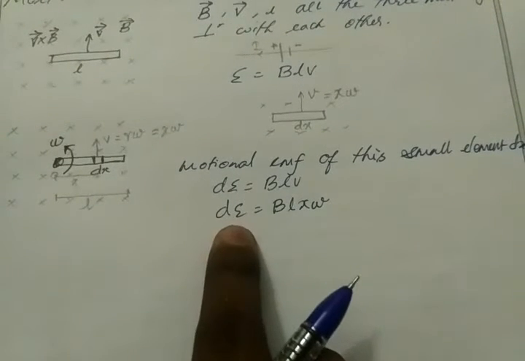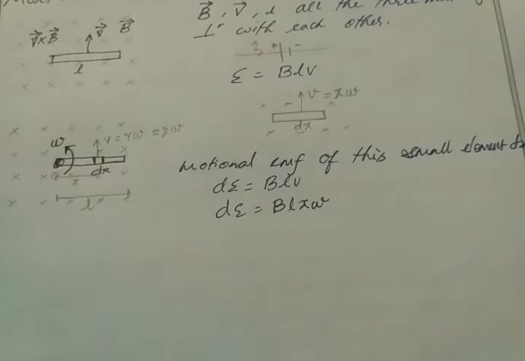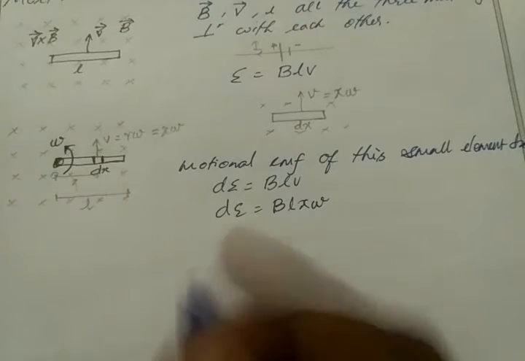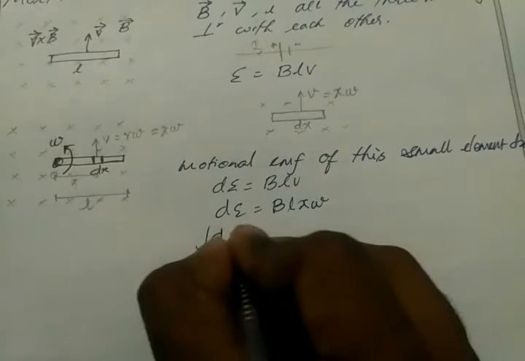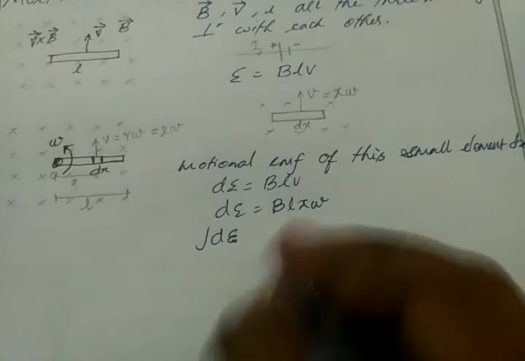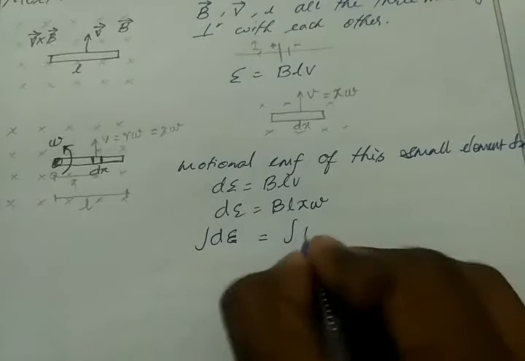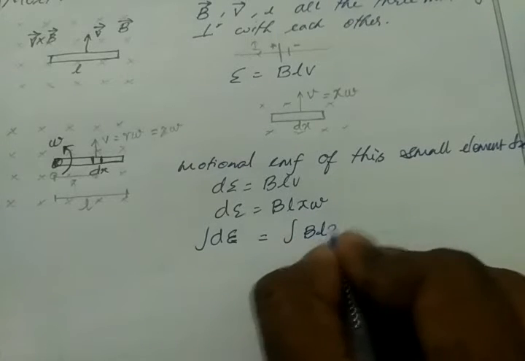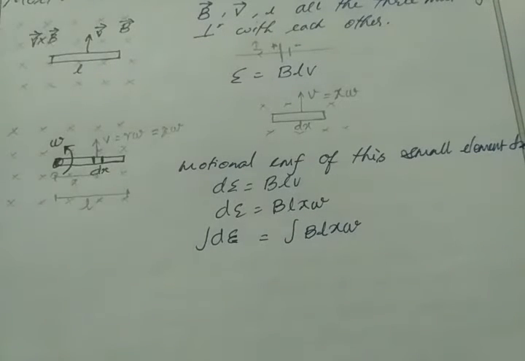So how do we find the EMF of the whole rod? We usually do integration. So integrate dE equal to the integration of B L x omega.